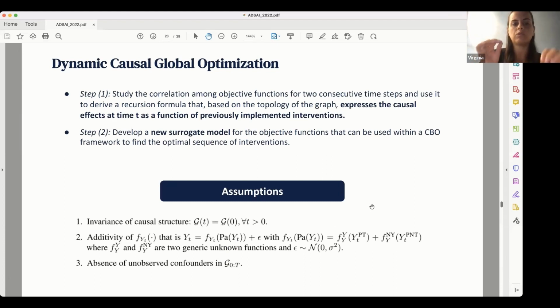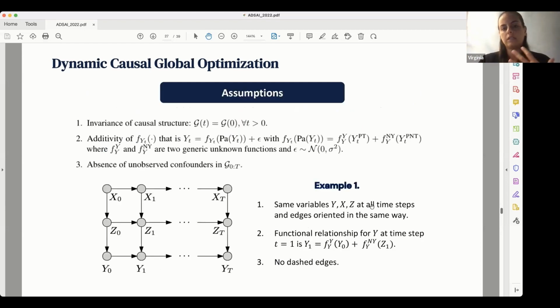So we're going to try to derive this recursion across time steps under 3 main assumptions. First of all, that we have invariance of the causal structure, so the graph at every time step is the same. We have additivity, meaning that the functional relationship for Y can be split in a part that depends on its parents and a part that depends on other variables. And we have no unobserved confounders.